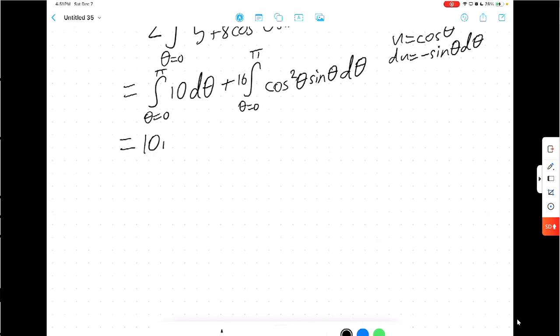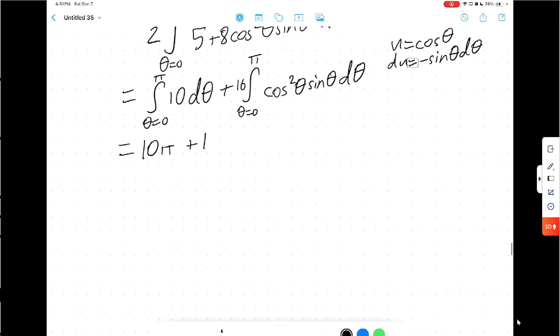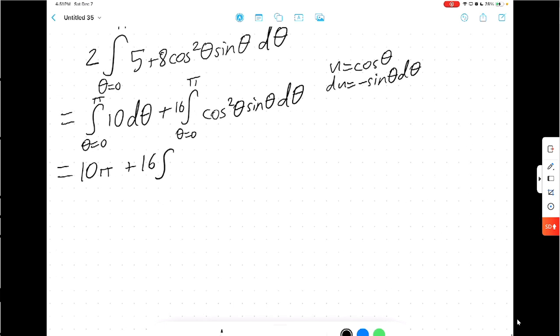The first one just evaluates to 10 pi. Now when theta goes from 0 to pi, u goes from 1 to negative 1, minus 16 times the integral of u squared du.